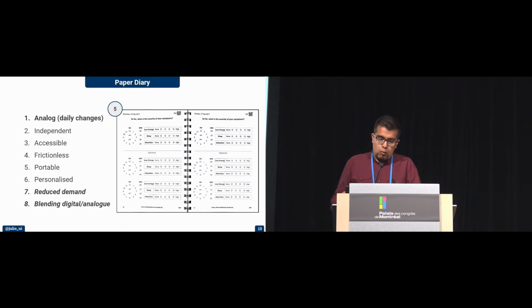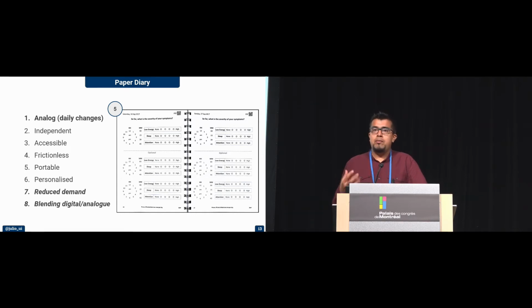What this meant was that instead of tracking within-day changes, we had to change to daily fluctuations. And to reduce potential higher user demand, we decided to only ask them to self-report their symptoms once a day, but we gave them the choice to do it twice more if they really wanted to. We were also blending digital and analog here because we anticipated the workload for us.